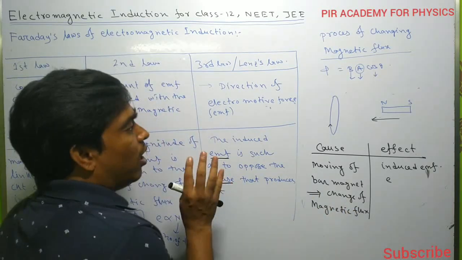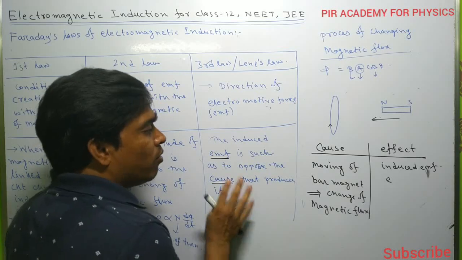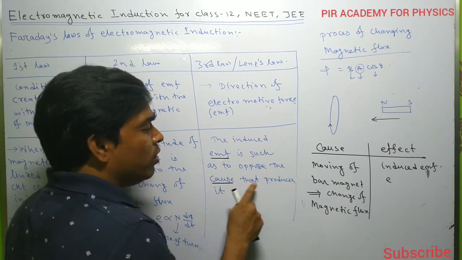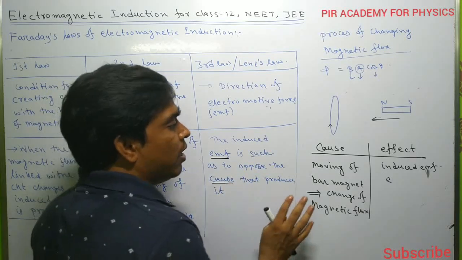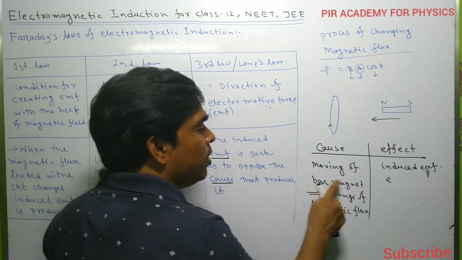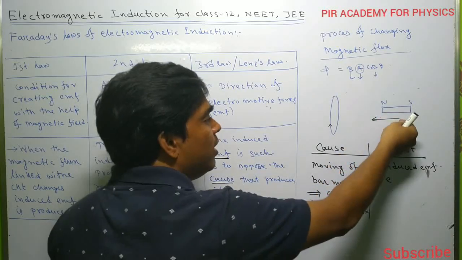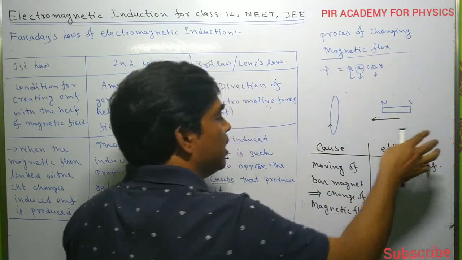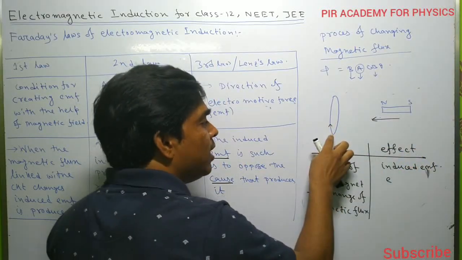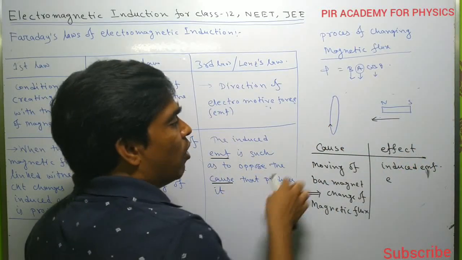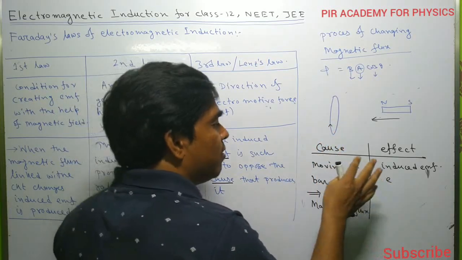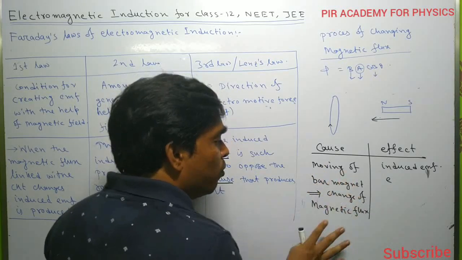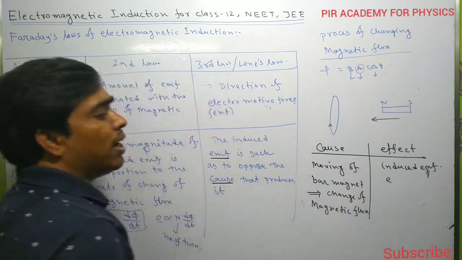So this third law, that means Lenz's law, states that the induced EMF is such as to oppose the cause that produces it. Here the cause is the moving of the bar magnet. If you move the bar magnet along this direction or along this direction, then there will be an induced EMF in such a direction that it opposes the further change of magnetic flux.